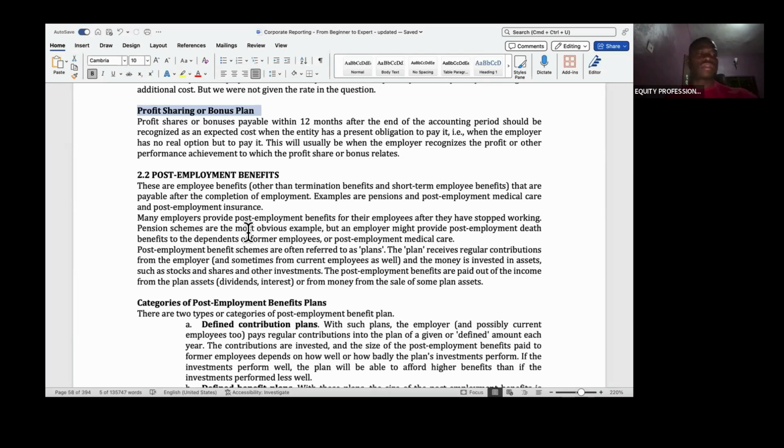But for others, like short-term absences, that obligation would arise when the event has occurred, if it's a non-accumulating one. If it is an accumulating one, it's the unused part we need to think about, okay, what's the additional cost on that? That's when we need to calculate how much we are owing.